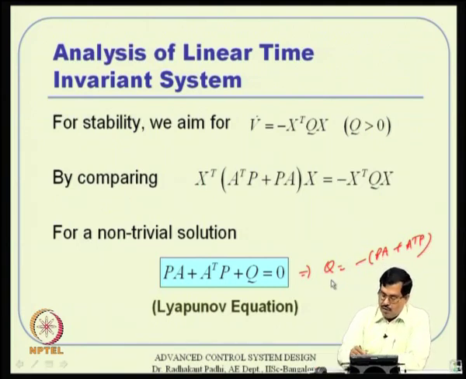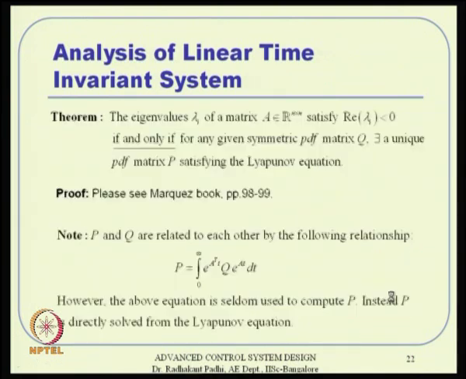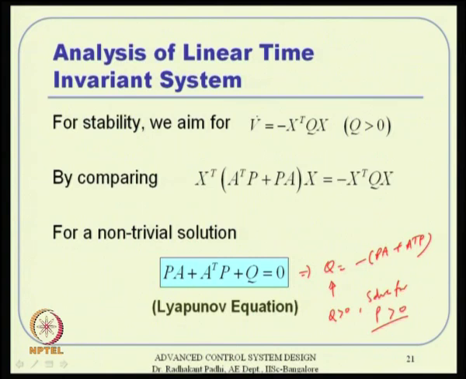You do not start from P, you start with Q. You select Q positive definite and then solve for P. If you show that P is also positive definite, then the result is sure shot. Either you succeed or you fail. You start with a positive definite Q, solve this Lyapunov equation to get P, and see whether P is positive definite or not.